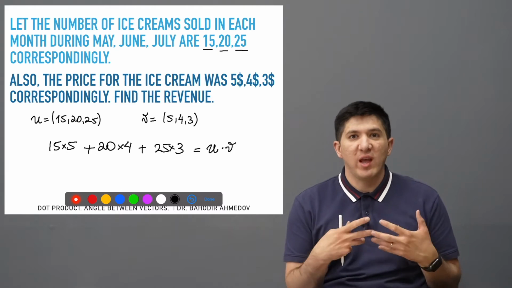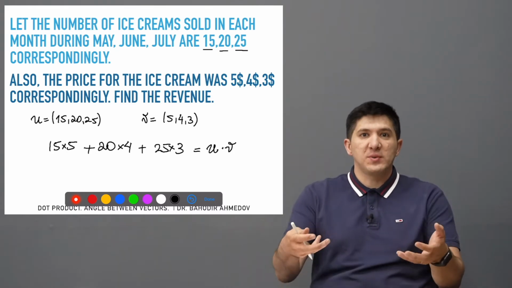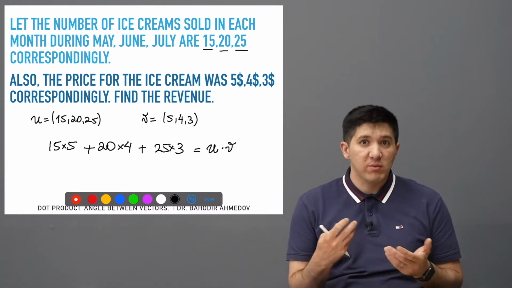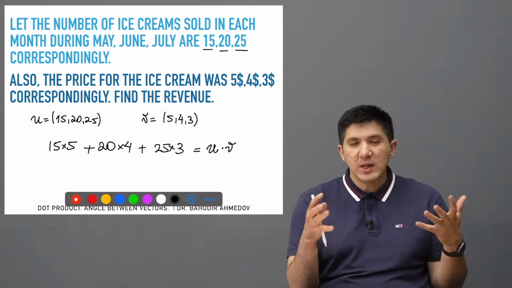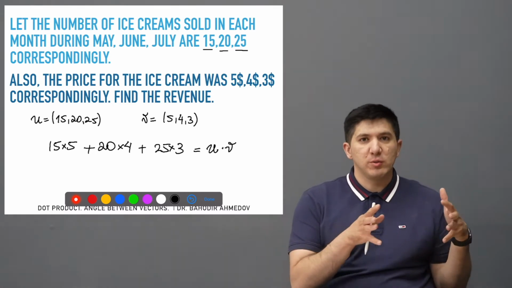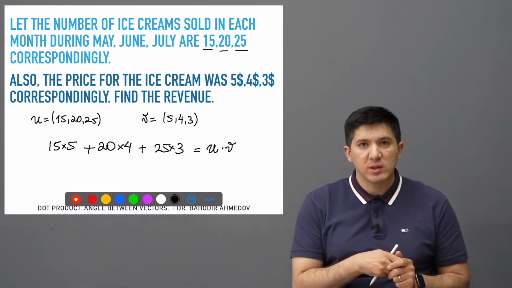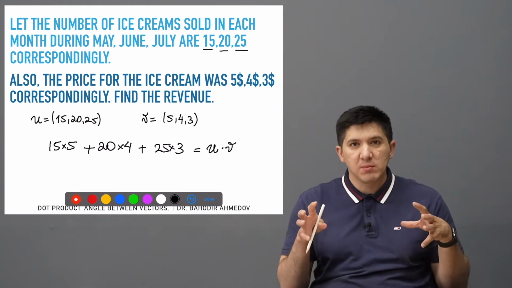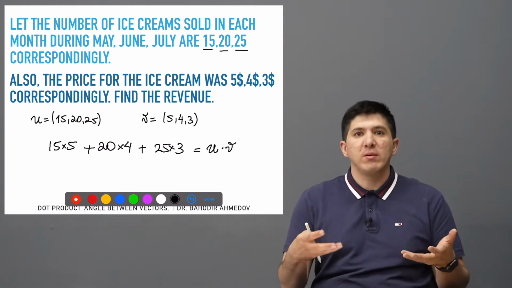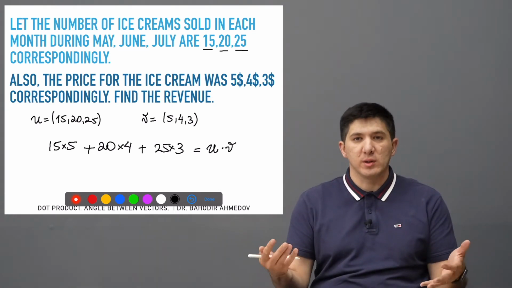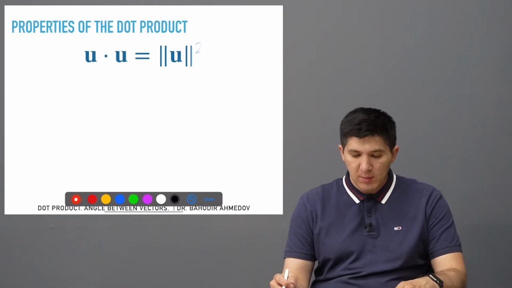So this is one of the elegant ways to obtain this kind of information from two vectors. Today, mostly we're going to discuss the geometric applications of the dot product. This is just some small insight into how you can use the dot product in computer science, or in data structures, I would say.